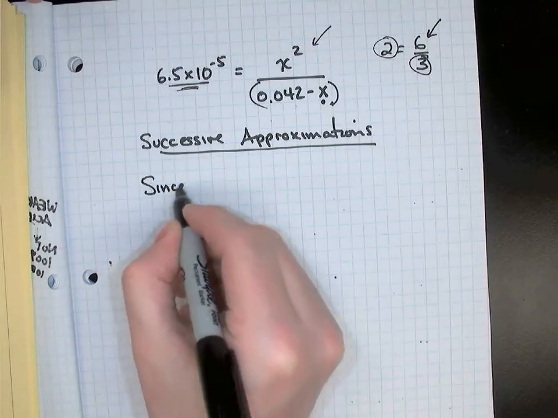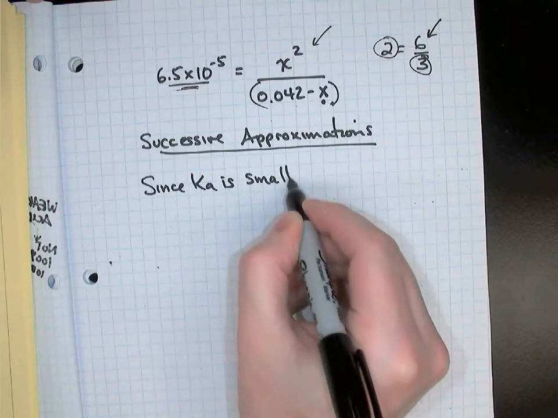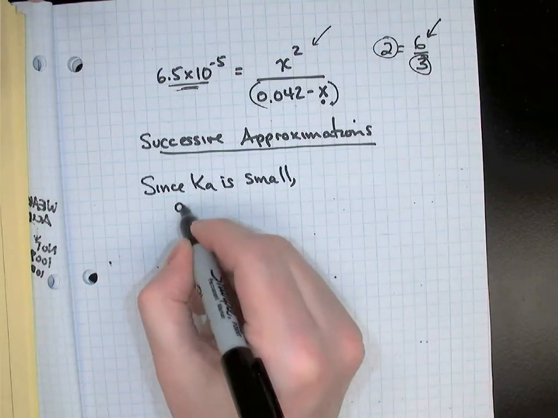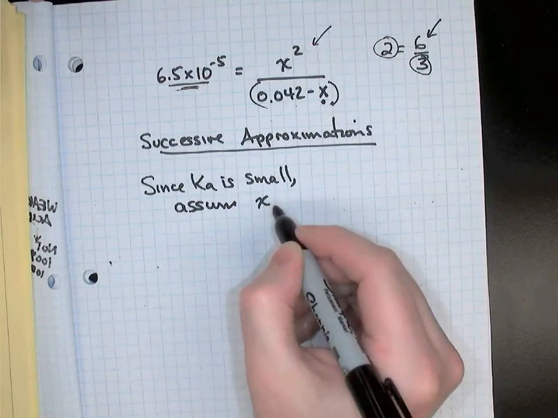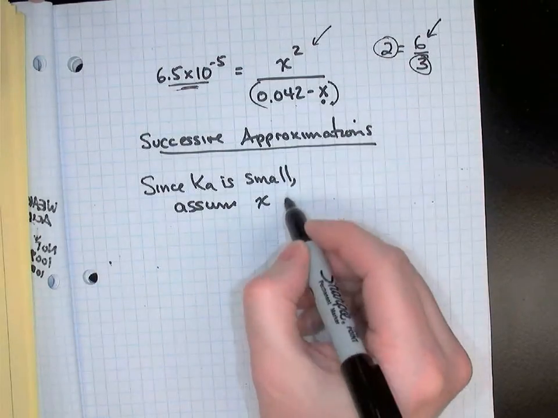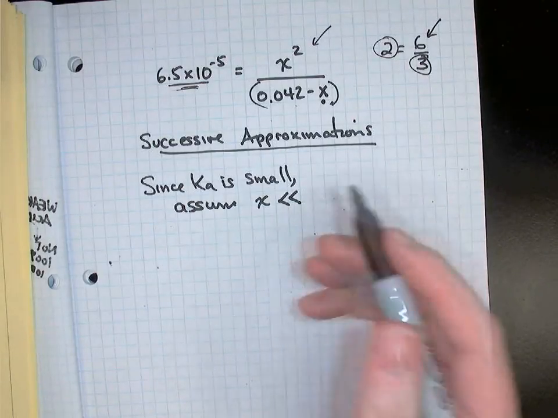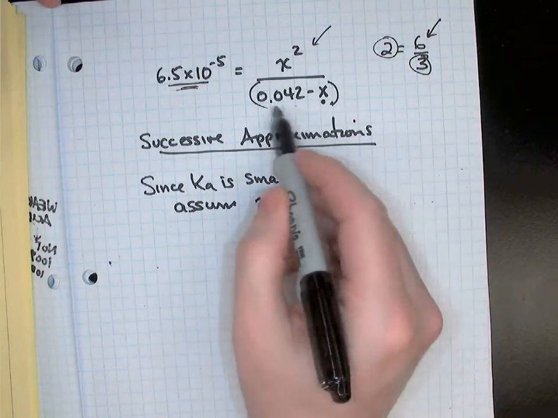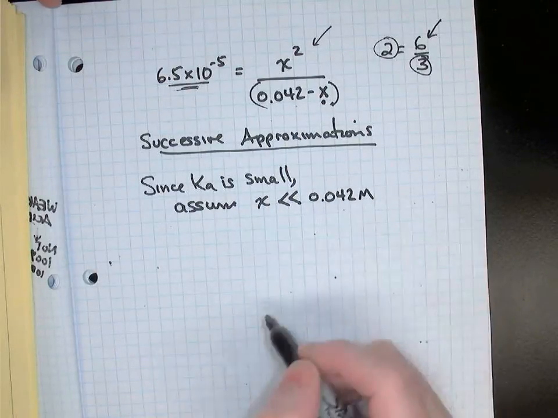So we'll say that since the Ka is small, we're going to make an assumption. We're going to assume that X, this thing that we're ionizing, is much less than, so two less than symbols, much less than the initial concentration, which was 0.042 molarity.